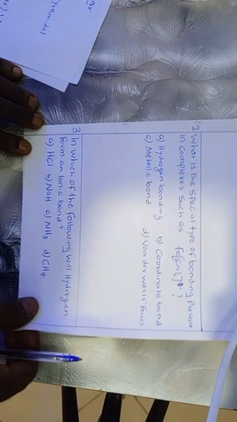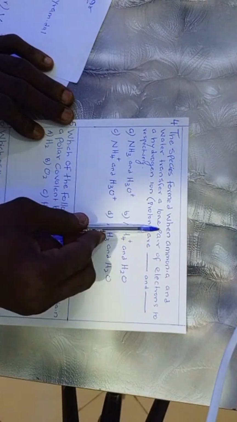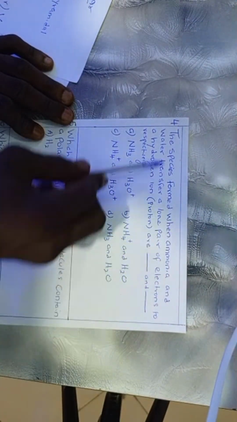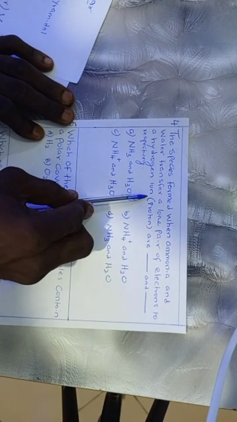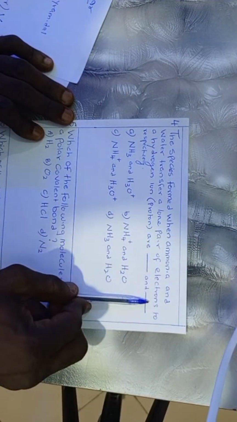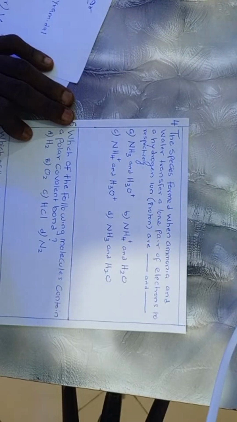Now let's go straight to question number 4. For question number 4, we talked about the species formed when ammonia and water transfer a lone pair of electrons to a hydrogen ion. So now this is illustrating coordinate covalent bonding.